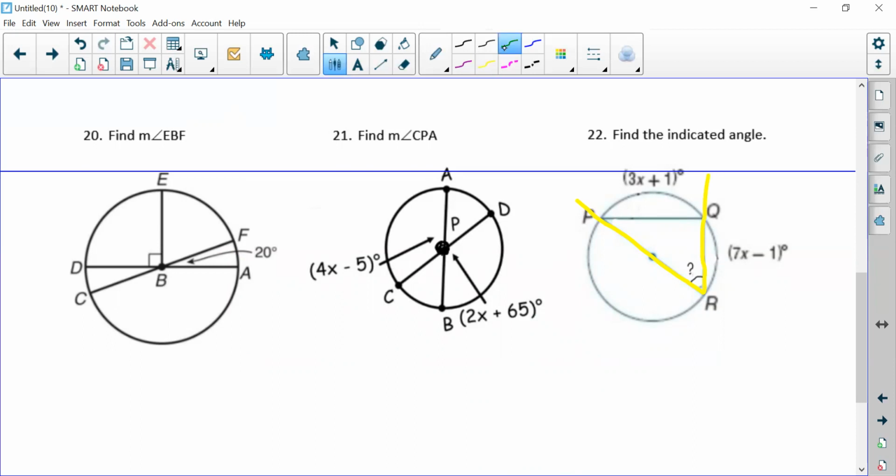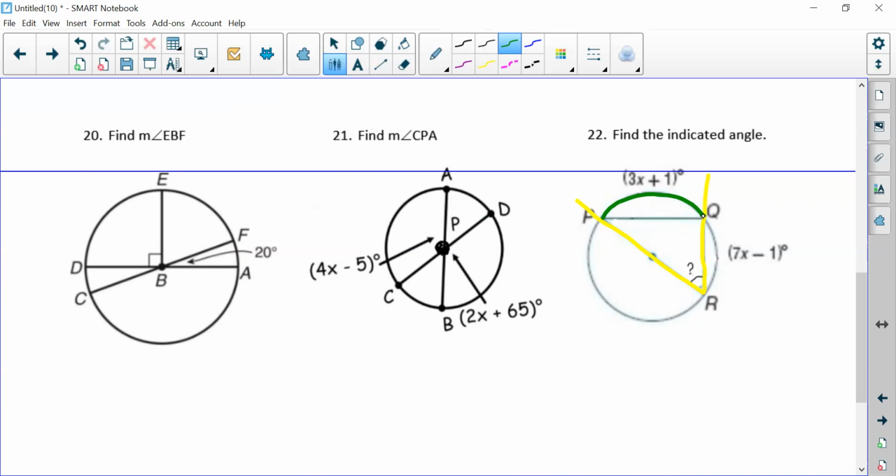The arc that goes along with that angle is PQ, and we currently know that arc PQ has a measure of 3x plus 1, okay? Right now, that is not enough information to help us solve our problem, so we can't just use the measure of arc PQ, okay? We have to do something else first.